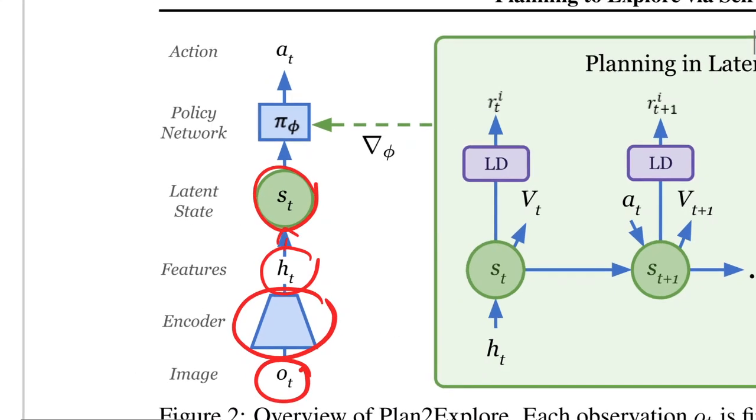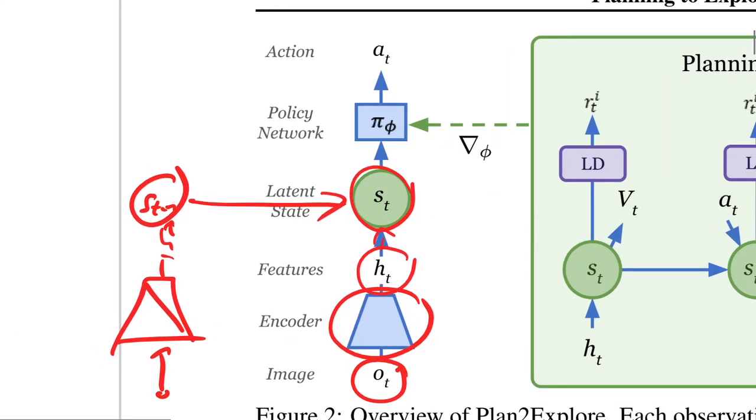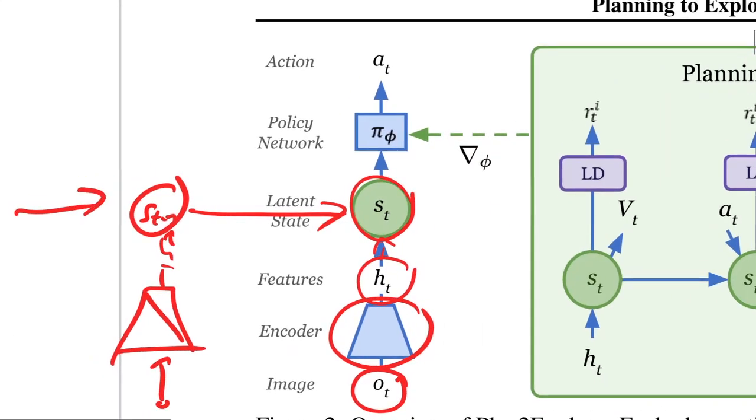Now, usually in these RL algorithms, you incorporate the last latent state. So the latent state from the step here also goes into the latent state of the next step, right? So here the last observation comes in, features, latent state, and so on, and there's usually like an RNN going over the time steps.